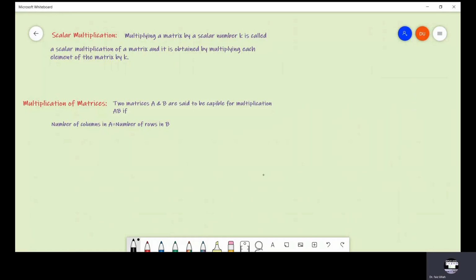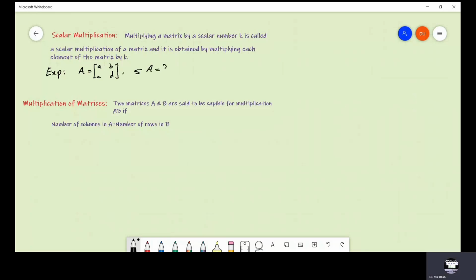Scalar multiplication. Multiplying a matrix by a scalar number is called a scalar multiplication of a matrix. And it is obtained by multiplying each element of the matrix by K. So let us see an example. In this example, we have a matrix A, which is equal to A, B, C, D. And now let us obtain 5A.